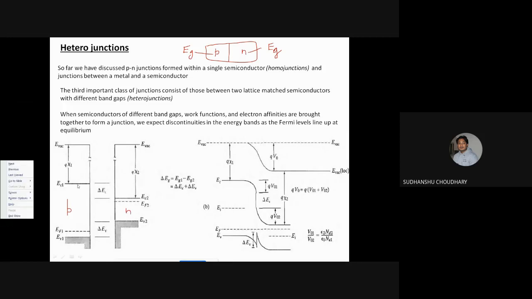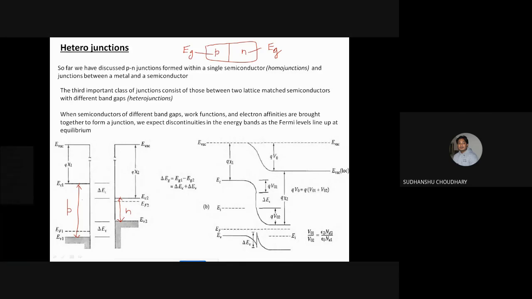So here in this case we see that this is my band gap of the p-type, and this is my band gap of the n-type semiconductor. So both are different here, and these two semiconductors are also different. So these cannot be silicon, because silicon has the same band gap on both sides, or maybe germanium, which also may have the same band gap on both sides.